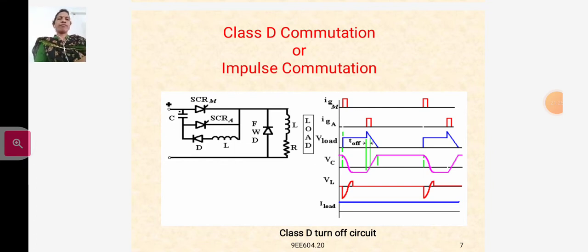So this is the diagram for class D commutation. This method of commutation uses a capacitor, an inductor and an auxiliary thyristor to achieve the commutation of the main thyristor. So in this diagram, this is the auxiliary commutation circuit. T1 is the main thyristor and TA is the auxiliary thyristor.